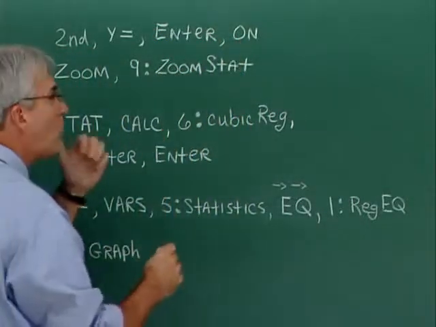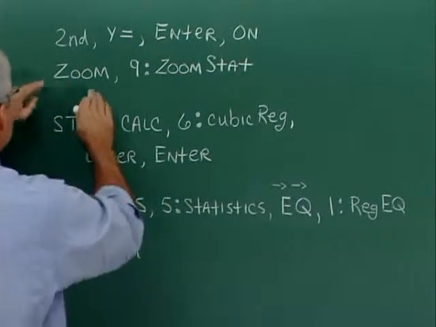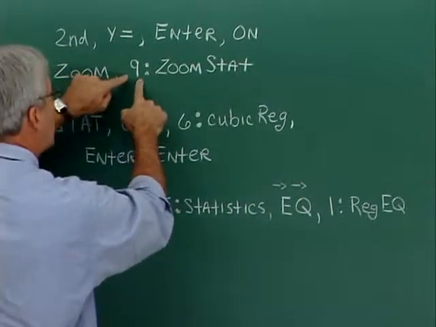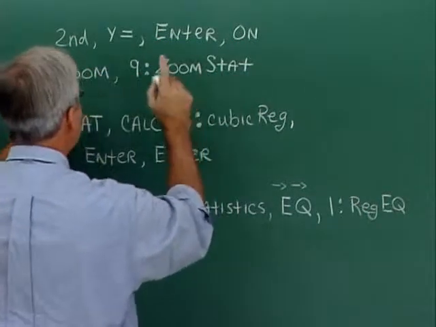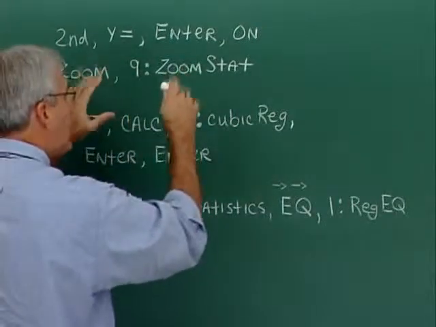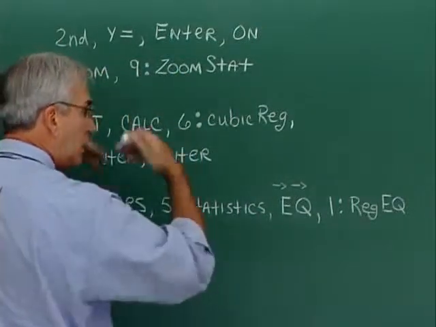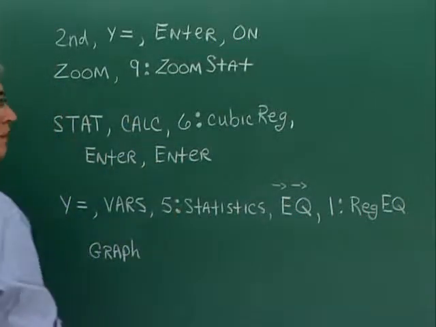And now you want an appropriate window setting, and again, the calculator can do this automatically. Press the zoom button and select item number 9, which is zoom stat. All right, now, once you do that, the calculator will go into the stat plot. You will see the points that we have entered here on the coordinate plane.